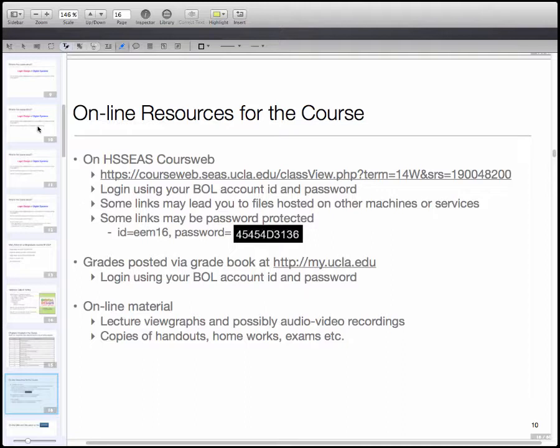Unfortunately, what doesn't get captured is what's on the blackboard. So what I instead do is I have this little tablet out there and I draw on the slide. To the extent possible, I'll try to do that. But occasionally we'll have to use the blackboard, in which case that material doesn't get captured. Also, it captures what I'm saying very well, but questions that students ask don't necessarily get captured very well.